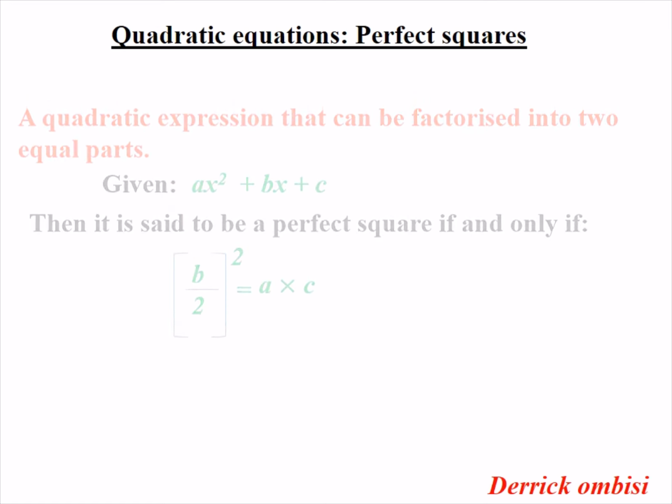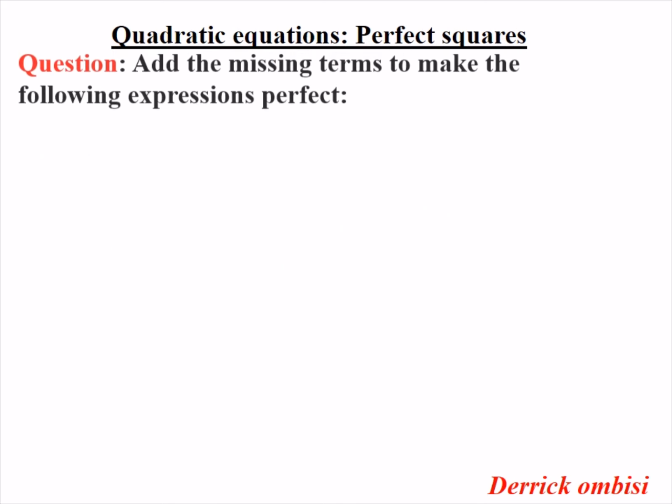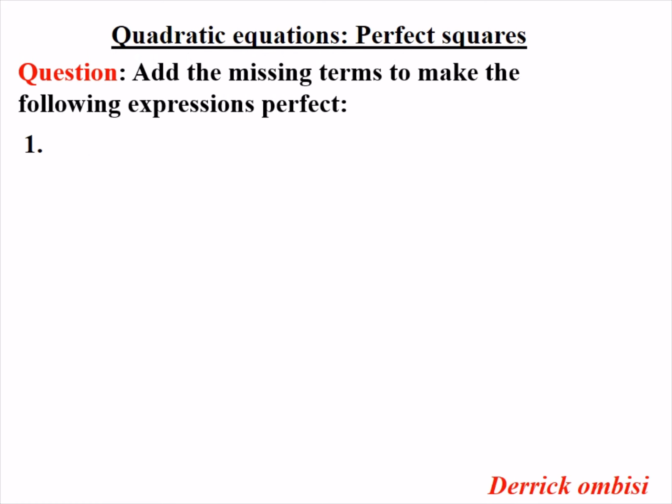Now, we are going to look at a question. It says, add the missing terms to make the following expressions perfect squares. The first expression is x squared plus 8x plus dash. You can see there is x squared and 8x, so what is missing is c, the constant.